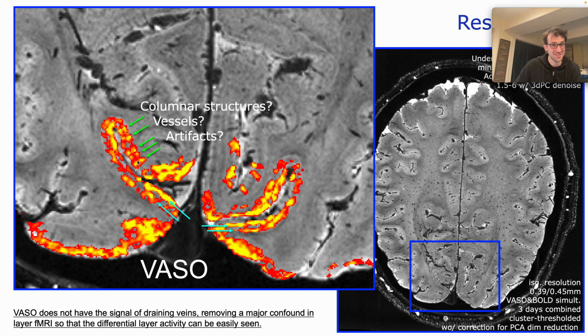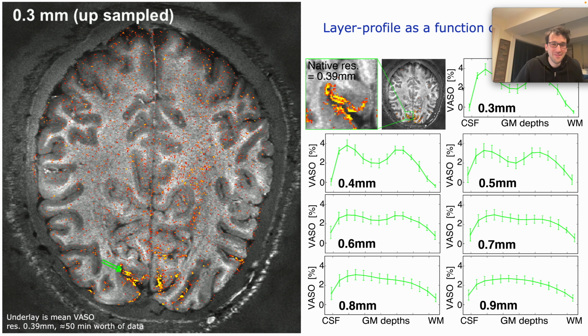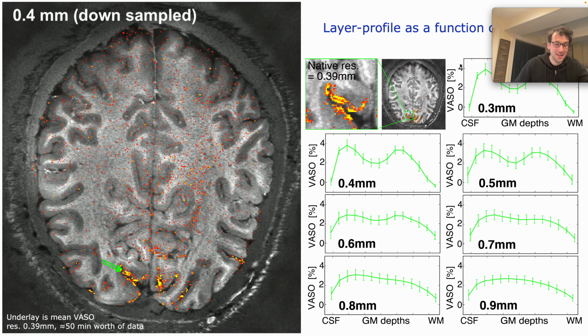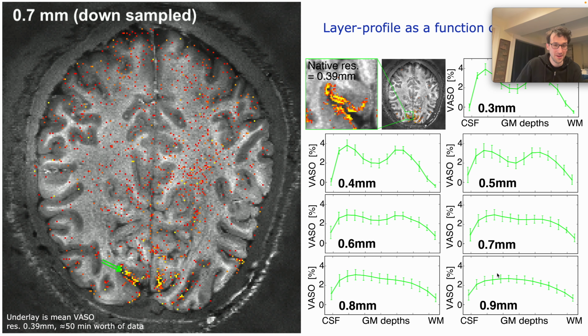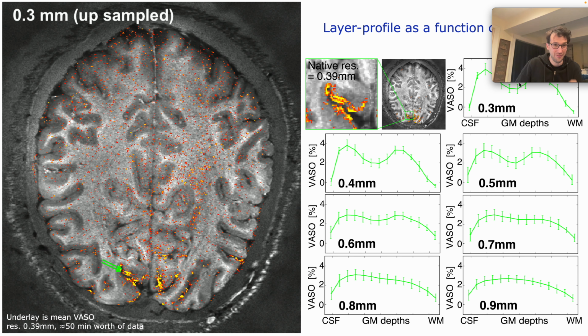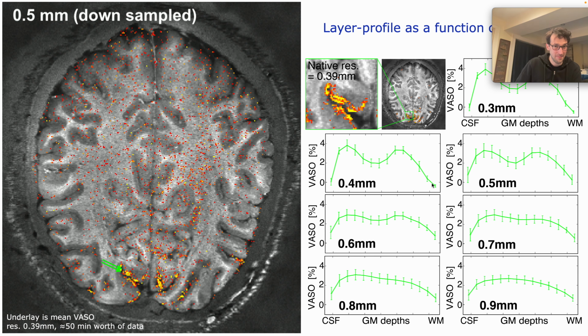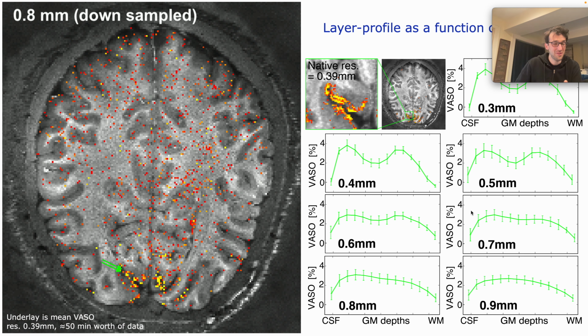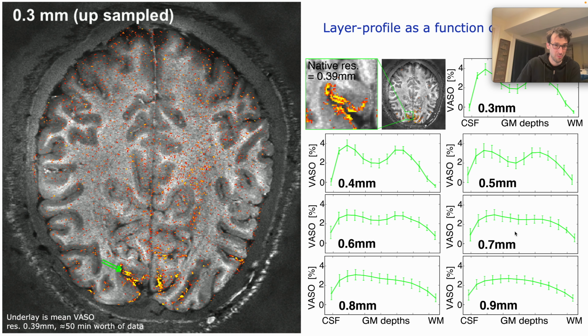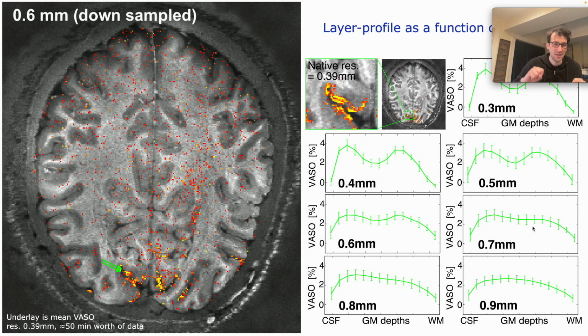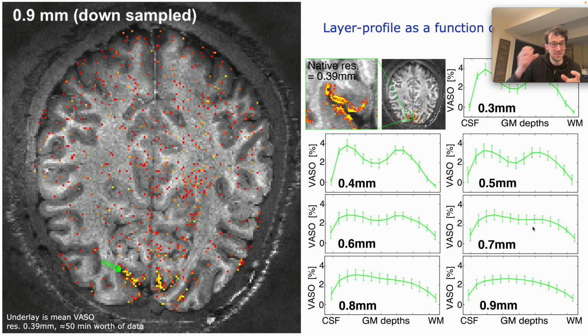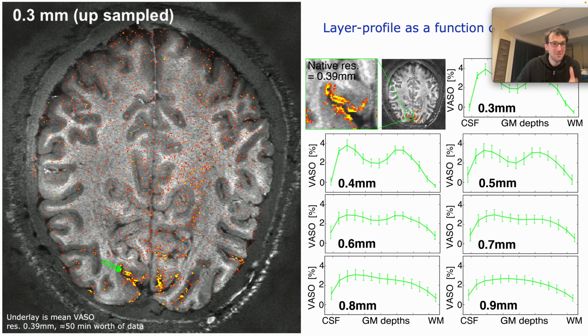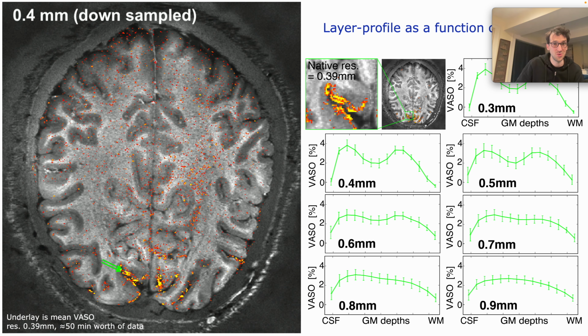And to put these resolutions into perspective, we also subsequently downsampled the data further and further with two important features. First of all, you see that these nice double humps here go away for conventional resolutions of 0.7, 0.8. It might still be possible with different partial voluming to look at different neural activity in upper and deeper layer groups, but basically you lose the Nyquist sampling of these two layer humps.